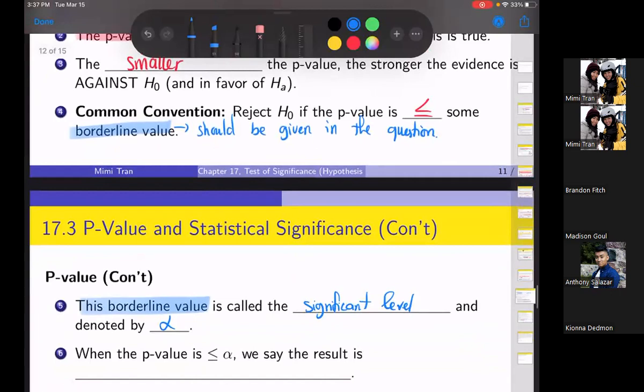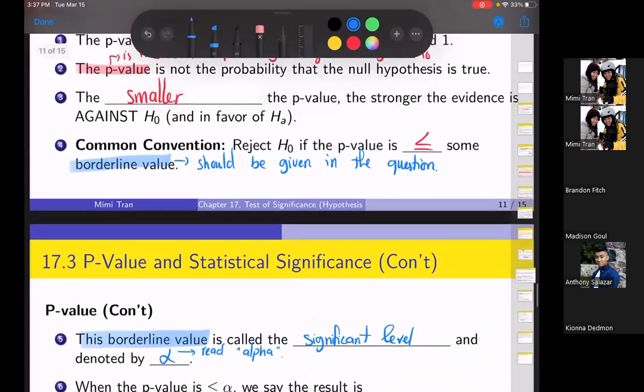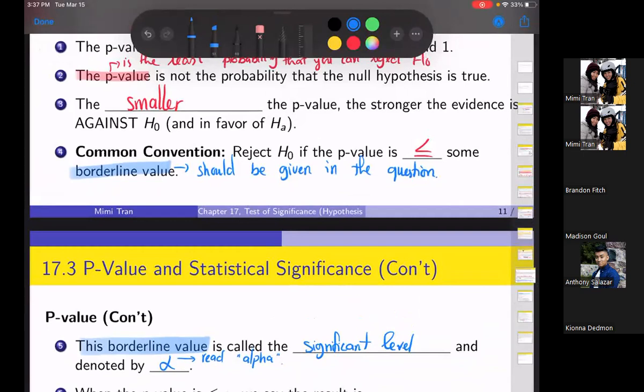That's the first letter of the Greek alphabet. Does anyone here speak Greek? No Greek? Alpha. So remember, we reject H naught if the p-value is less than or equal to the borderline.